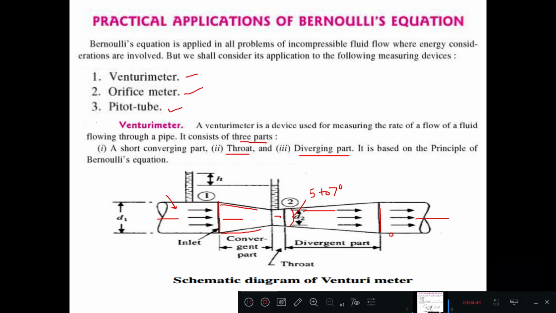The pressure difference from which the volume rate can be determined is measured between the entry section and the throat section by means of a differential U-tube manometer.